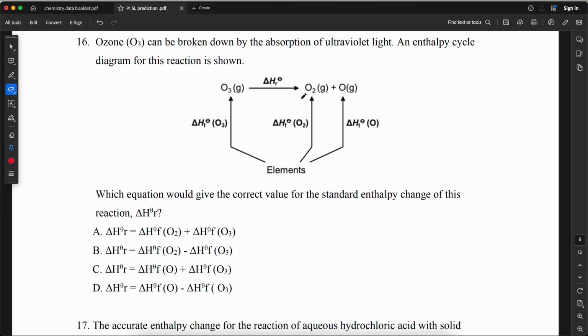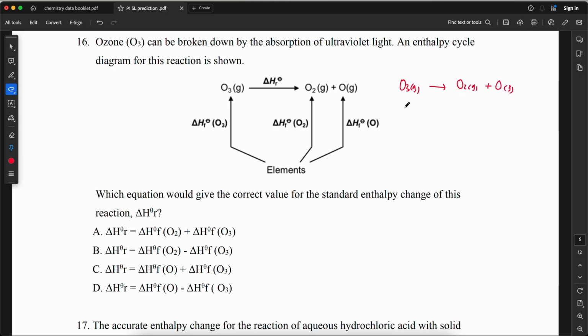Ozone O3 can be broken down by the absorption of ultraviolet light. An enthalpy cycle diagram for this reaction is shown. So O3 gas produce O2 gas and O gas.